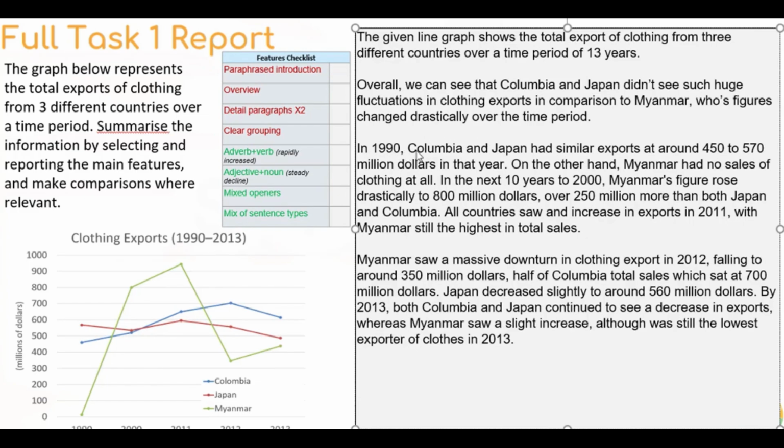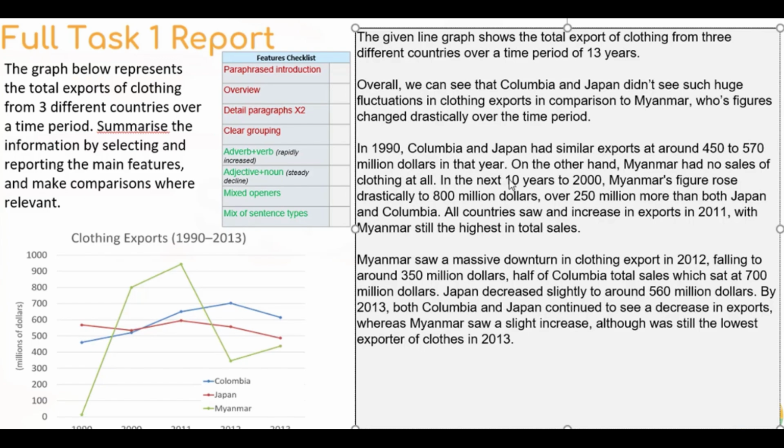In 1990, Colombia and Japan had similar exports at around $450 to $570 million in that year. So I'm comparing these two countries and saying it's quite similar. There is some difference. On the other hand, Myanmar had no sales of clothing at all.